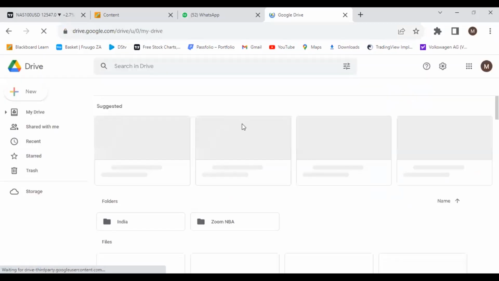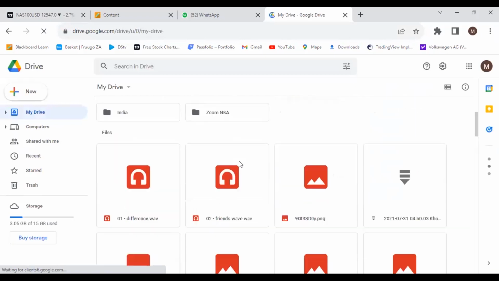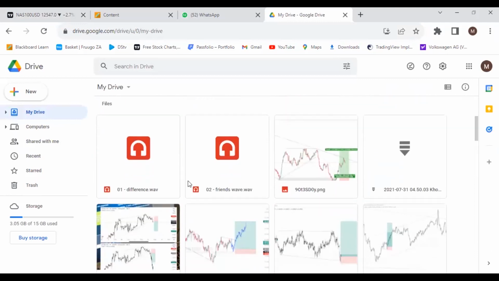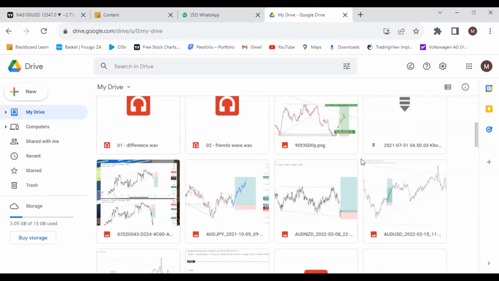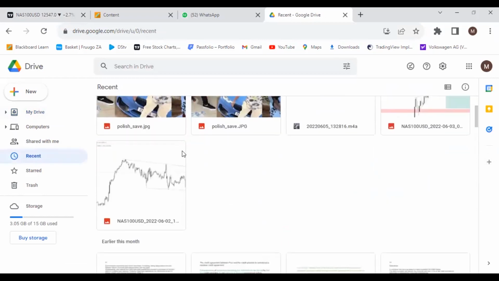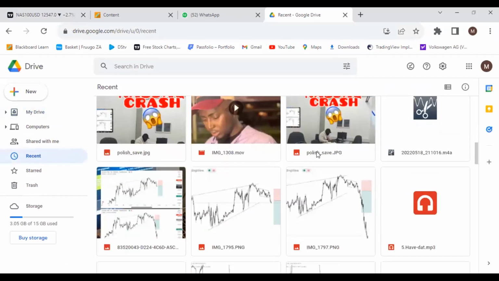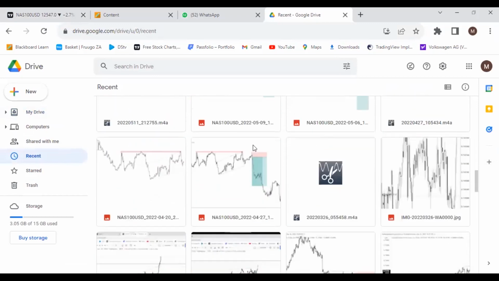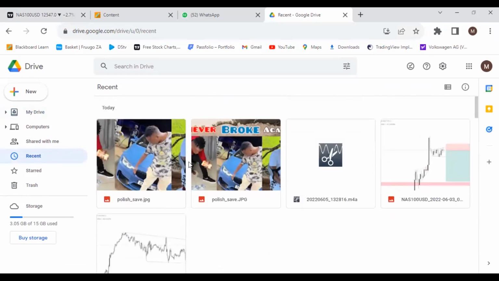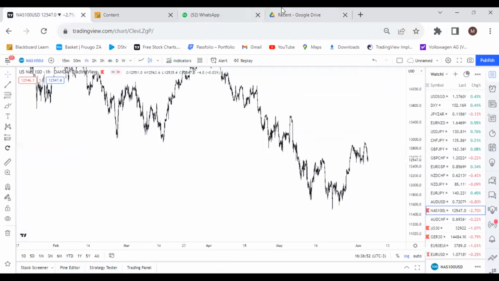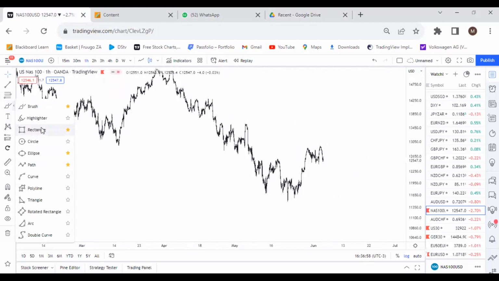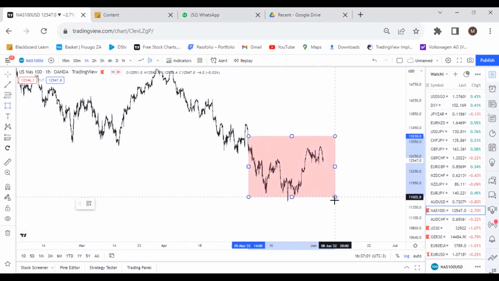I'm going to jump into my Google Drive, see if I have something. Okay, I think the screenshots are probably on my phone, so it's cool. I'm going to focus on this part. Let me just highlight it. This part.